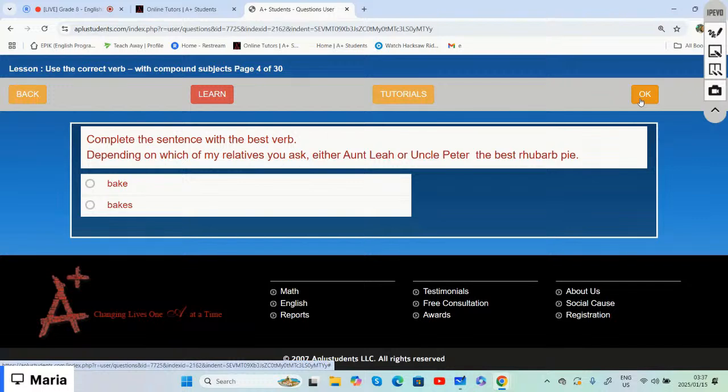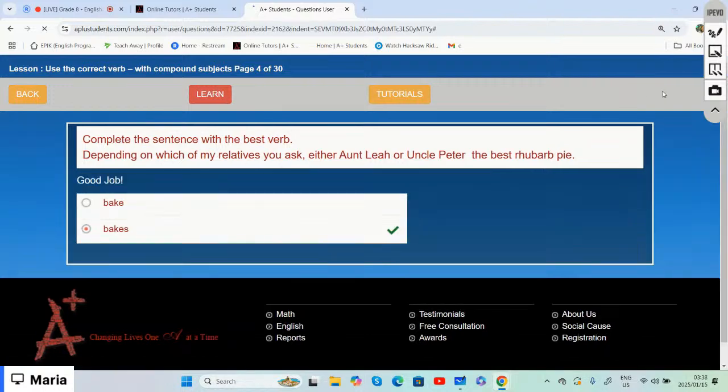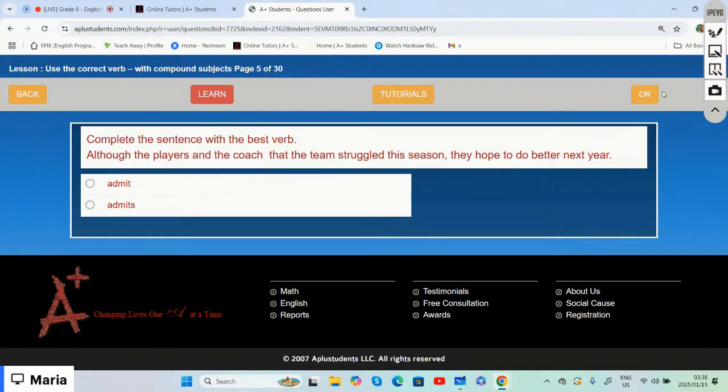All right. And if you were to choose the correct option, because remember when we say either this one or that one, it's the closest we latch onto, and still it's one person. Although the players and the coaches, we said admit.